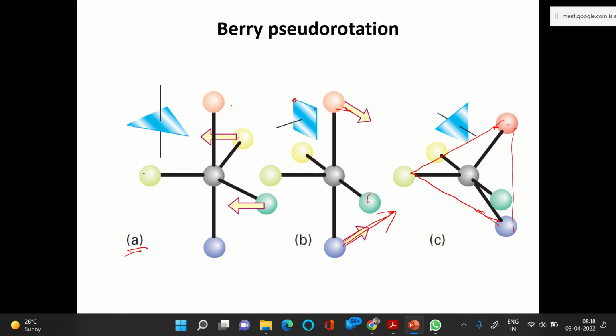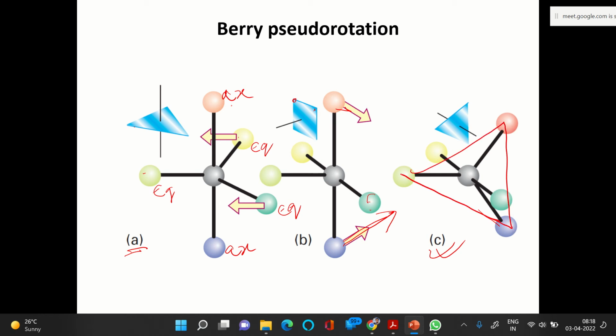So now see, initially this was axial, this was also axial, and now these were equatorial. In the final picture in C, you will see that now that has changed. Now these three are in one plane, the triangular plane that you are viewing.